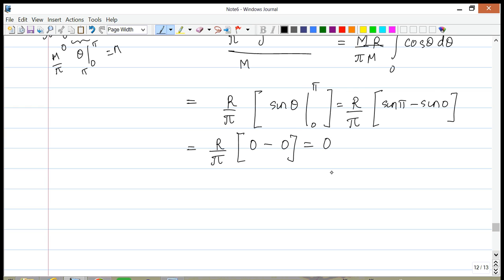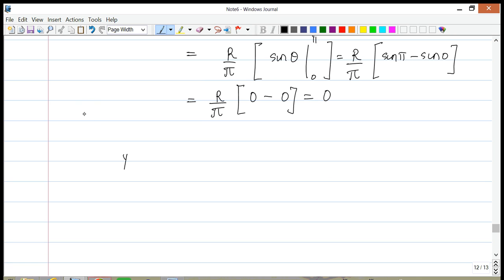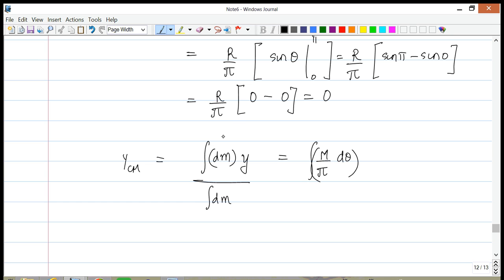Let us repeat this process to find the center of mass for the y coordinate. The y center of mass is equal to the integral of dm multiplied by y, divided by the integral of dm. The numerator becomes dm, which is m over pi d theta, multiplied by y.